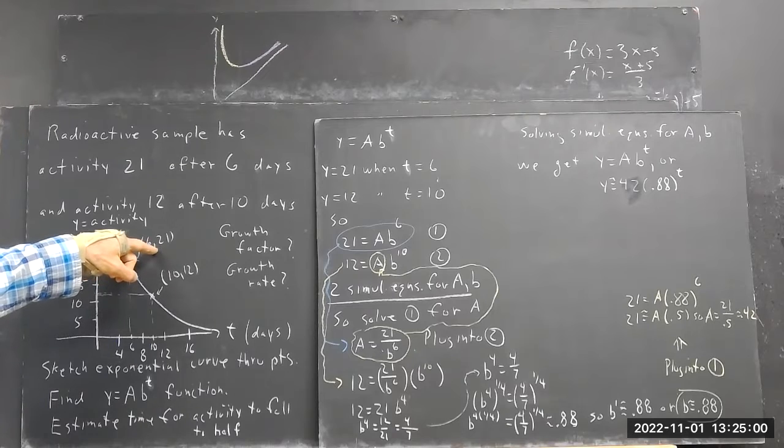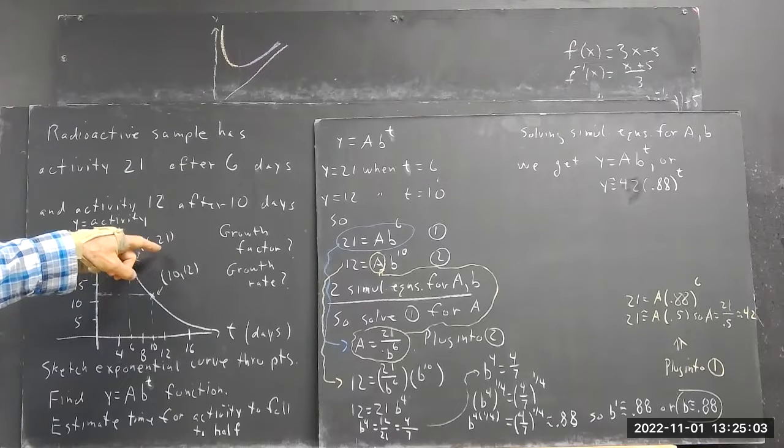If the activity goes to half, it's going to go down to half of 21, which is 10.5, right?